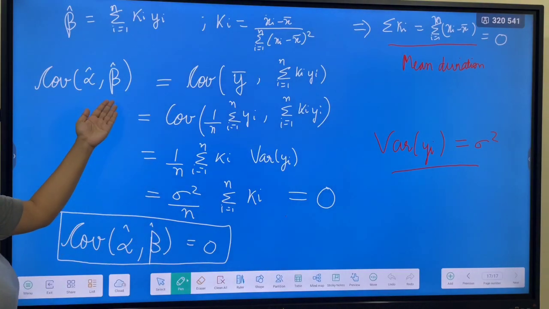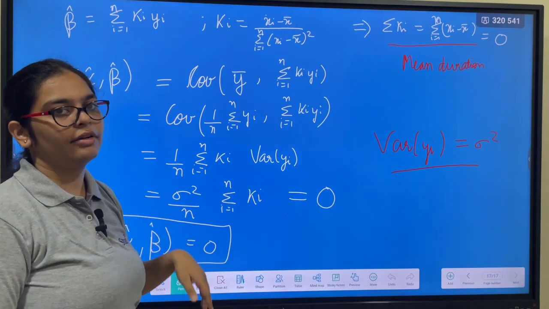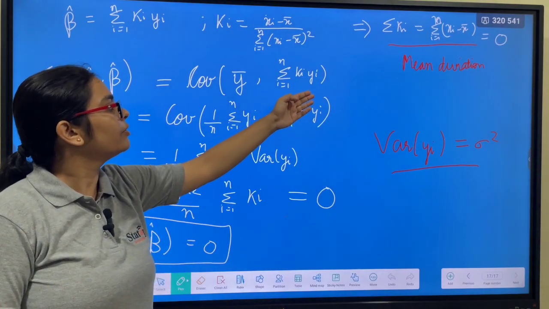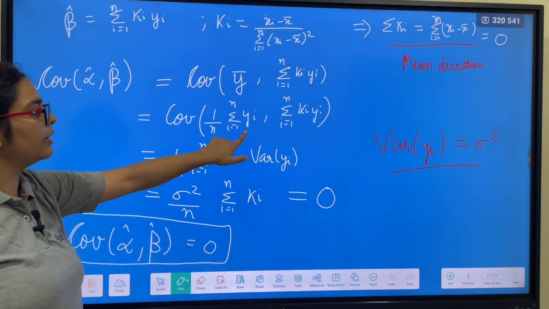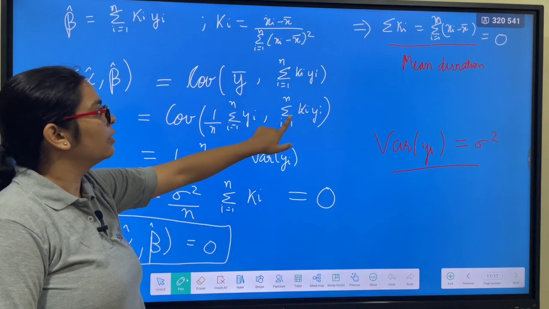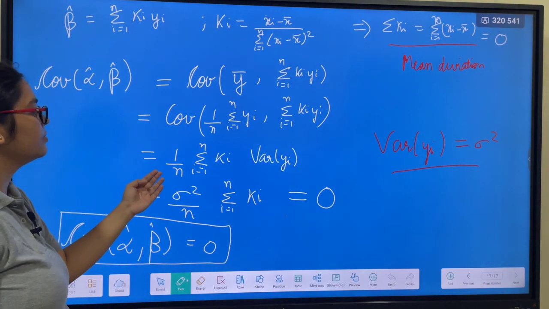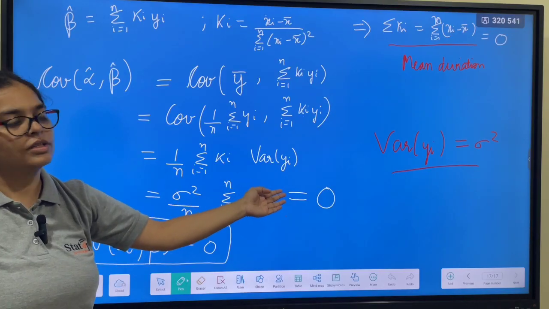So, covariance of alpha cap and beta cap is covariance of y bar, as we have done in equation number 3, and summation i goes from 1 to n ki yi. Opening y bar as 1 upon n summation i goes from 1 to n yi, and ki yi as summation i goes from 1 to n ki yi. Taking the common terms outside, 1 upon n summation ki, we are left with variance of yi.